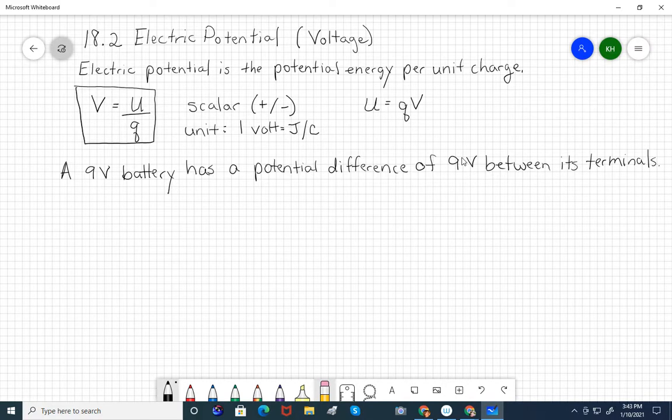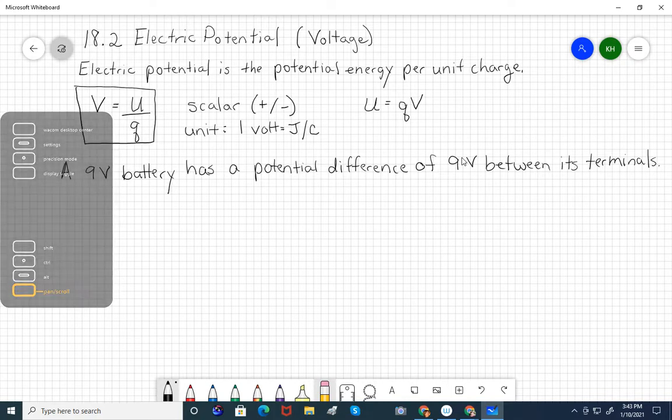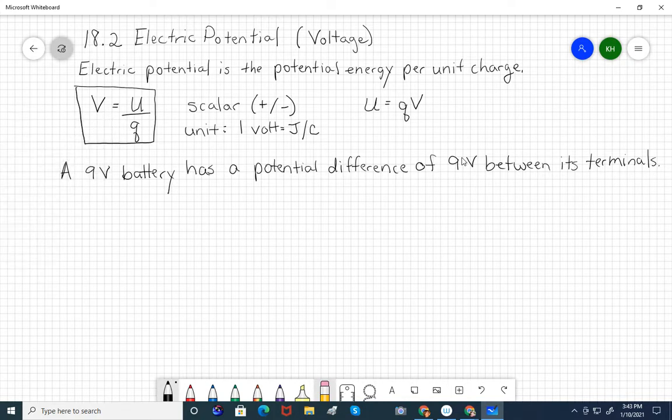Now you'll remember when we talked about gravitational potential energy, it was arbitrary where you called 0, but differences in potential energy are very significant. That's the same if we're talking about electric potential or voltage. We can almost arbitrarily decide at what point we want to say there is 0 potential, and then measure other potentials relative to that.